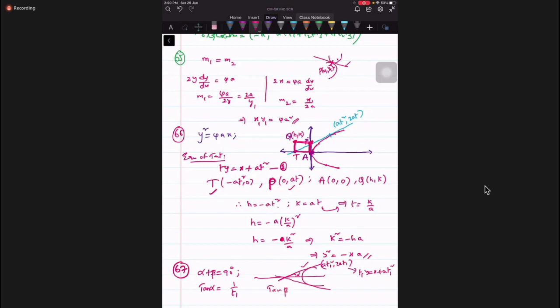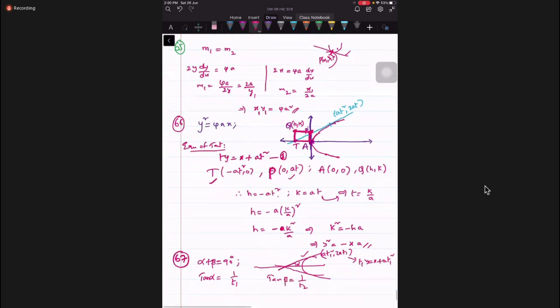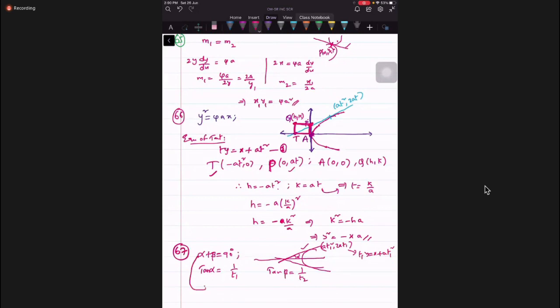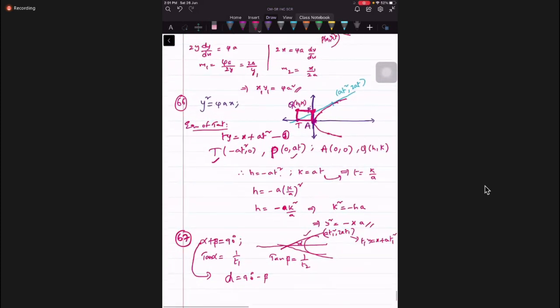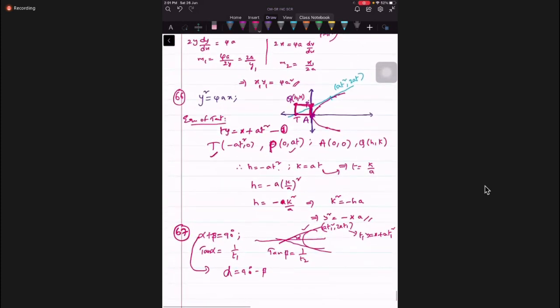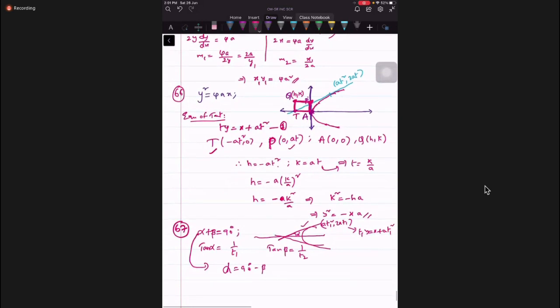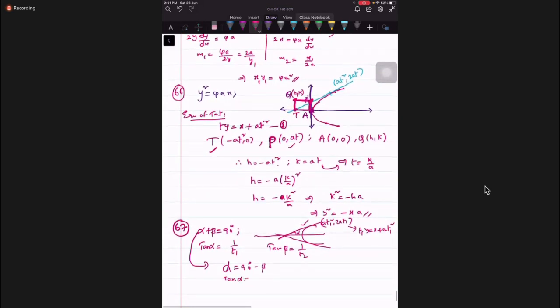Tan beta is the slope of the second one, 1 by t2. Now this relation we know: alpha equal to 90 minus beta, so tan alpha equal to cot beta, that is tan alpha times tan beta equal to 1. Then 1 by t1 into 1 by t2 is 1, so t1 t2 is equal to 1.